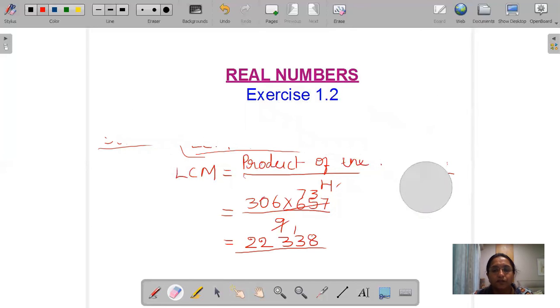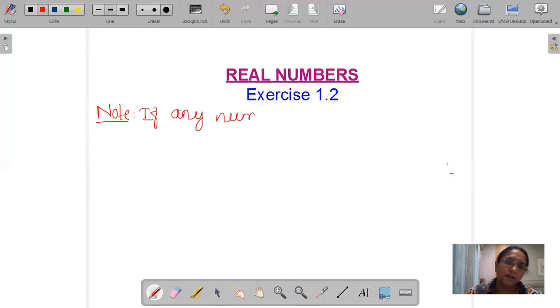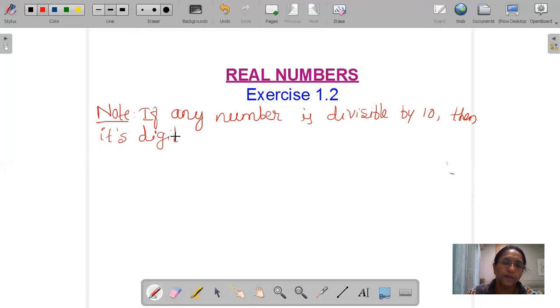So before solving fifth question, let me tell you something about when the number has last digit 0. Here I'll tell you one note. If any number is divisible by 10, you can write this down, then its last digit will be 0.